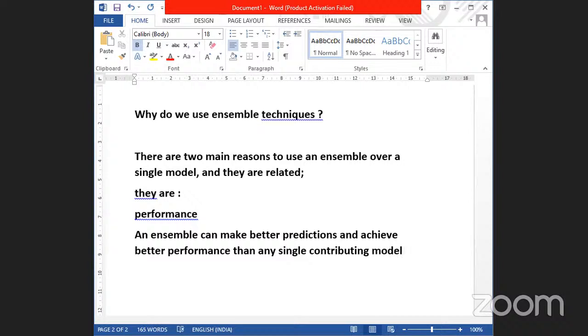Like in an ensemble model, we are using multiple models, and there are different techniques like bagging and boosting. And also the thing is robustness.